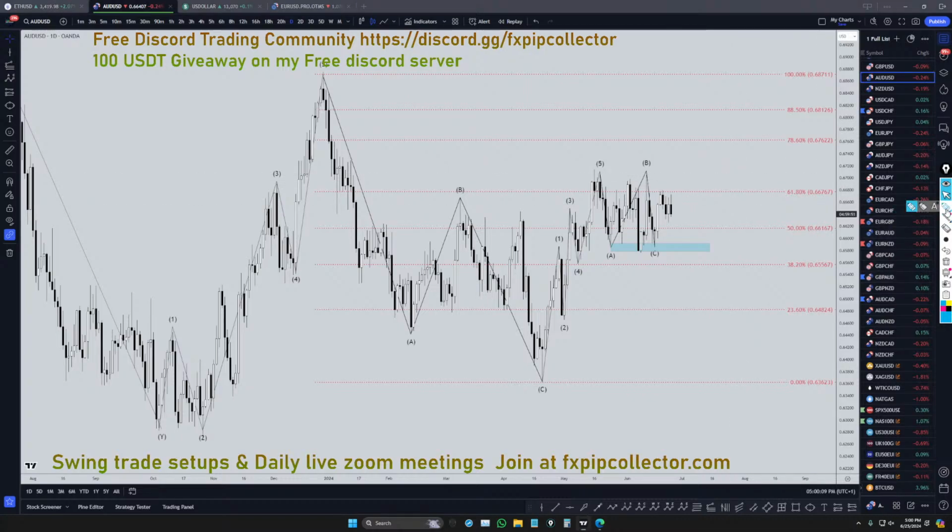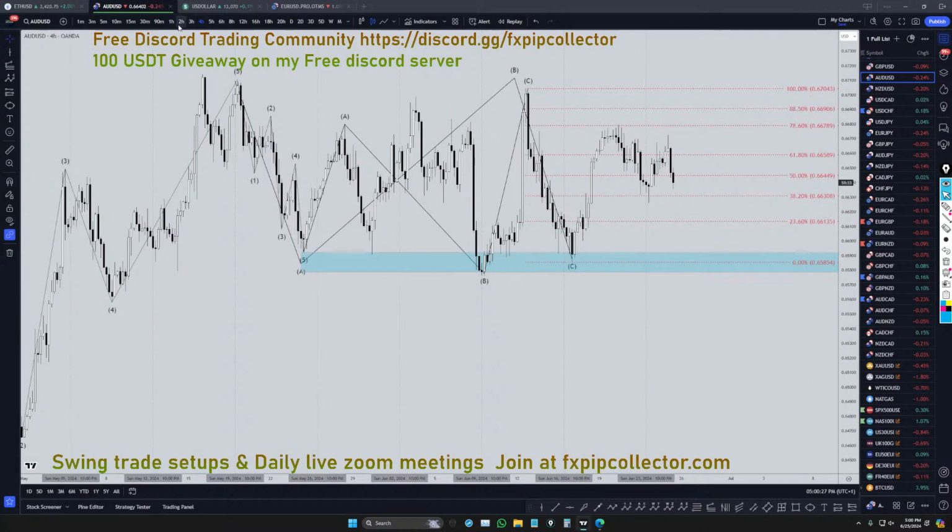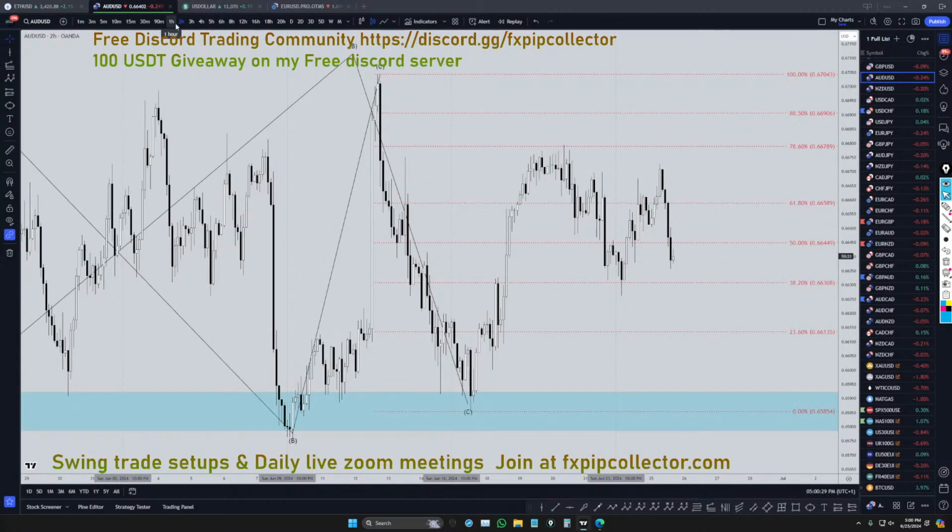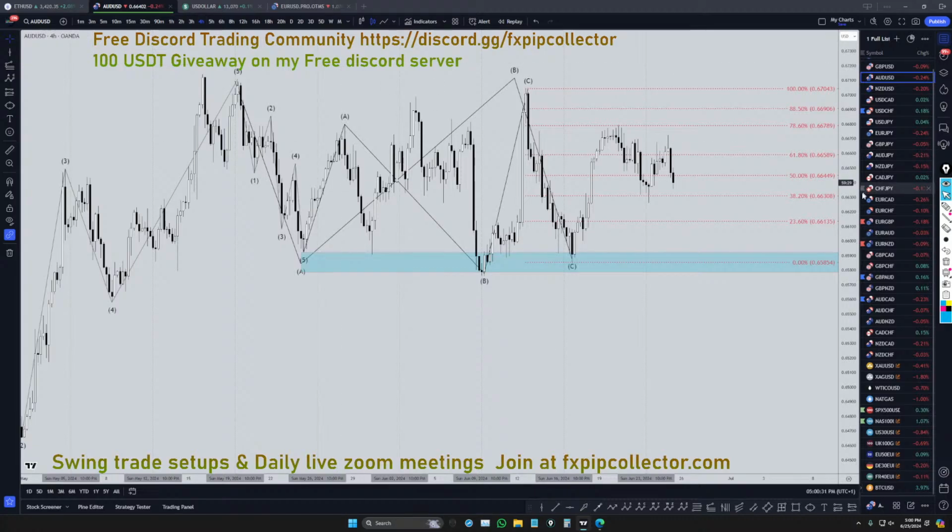But yeah, the Aussie dollar. The thing with the Aussie dollar is it hasn't broken structure to the downside yet, and if it really is a wave one and a wave two, you would definitely think that it would break structure like that before it went up. But the Aussie has definitely been very strong, and I wouldn't be surprised if it did go up again. Definitely, the trend is down though right now.